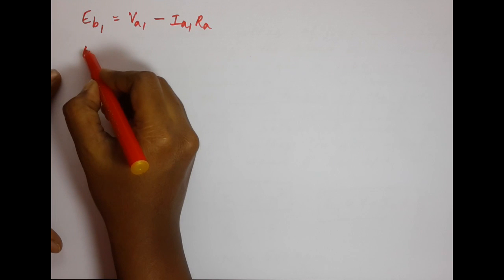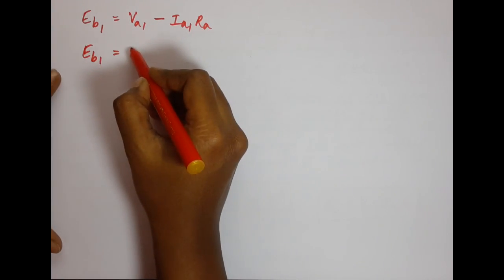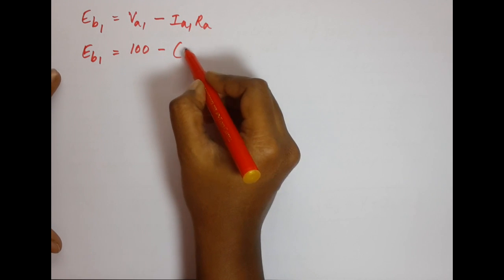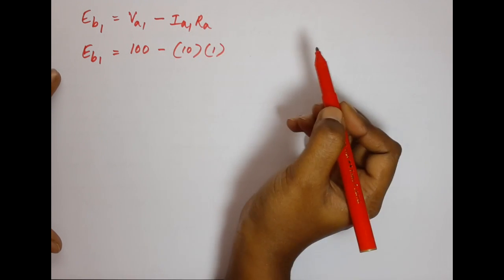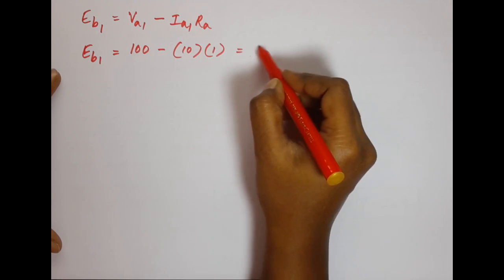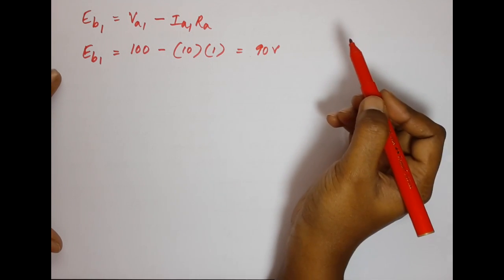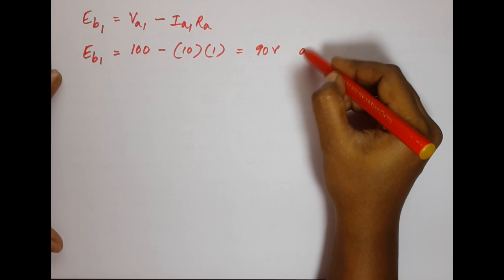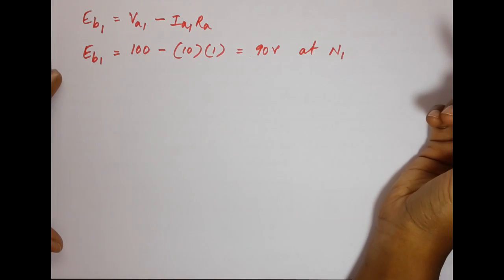Now let's substitute. EB1 equals 100 minus the current is 10 and the resistance is 1, which gives us 90 volts. So the back EMF is 90 volts at the speed N1.